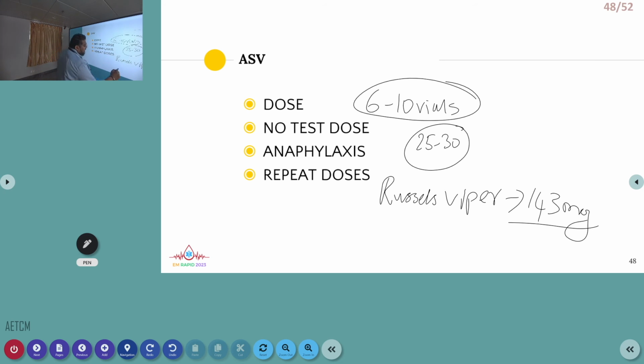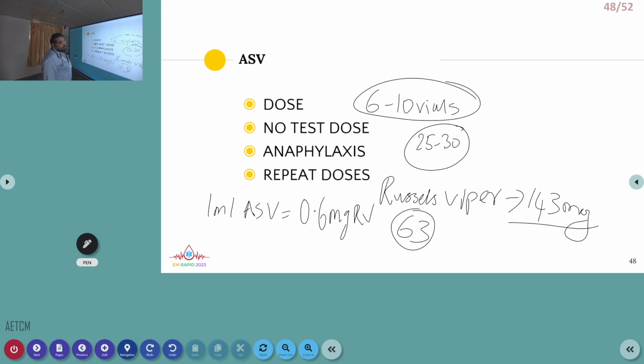On average, a Russell's viper injects around 63 mg. 1 ml of anti-snake venom will neutralize 0.6 mg of Russell's viper venom. So to neutralize 63 mg, you need approximately 10 vials. That is why I am saying 10 vials should be the starting dose.